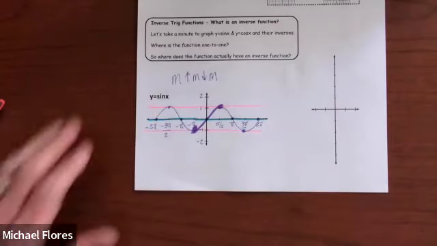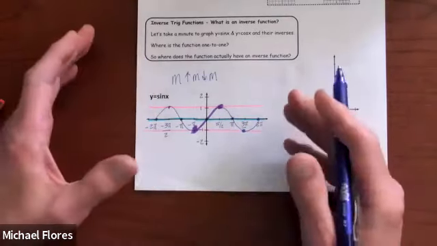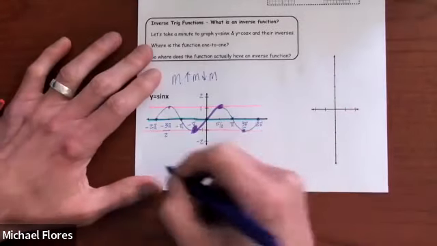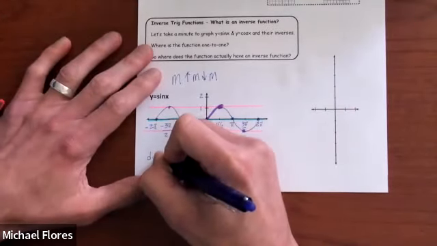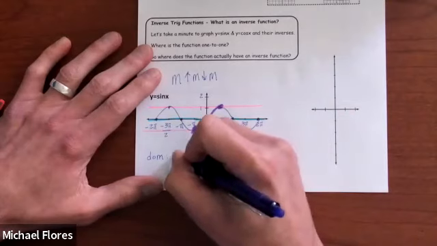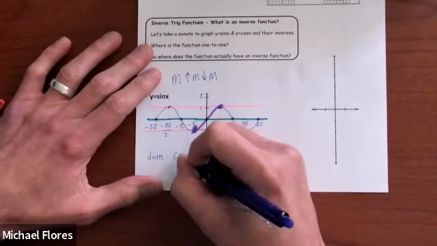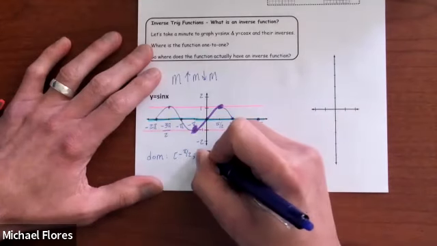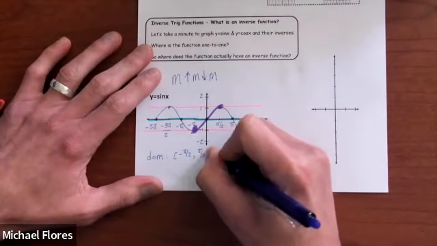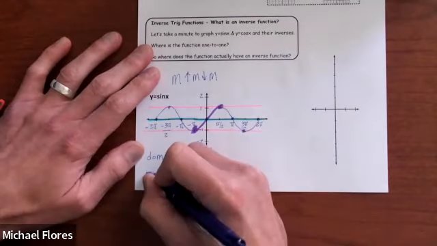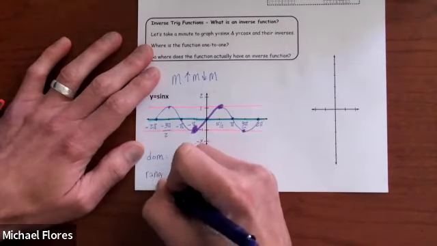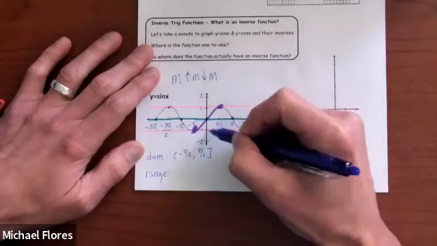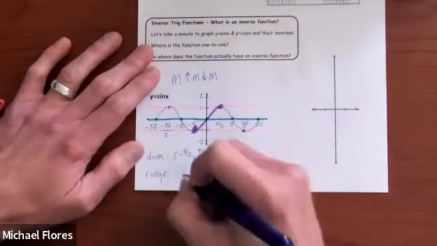Now, we need to remember that since we've restricted the domain, our new domain is not negative infinity, positive infinity. It is negative pi over 2, comma, pi over 2. Our range is -1 to +1.